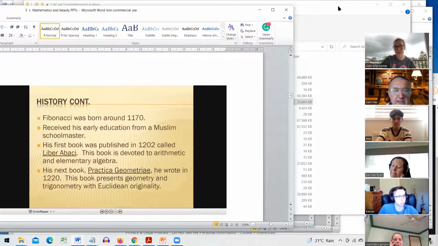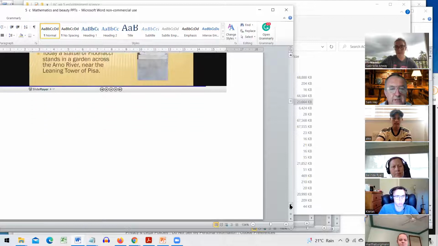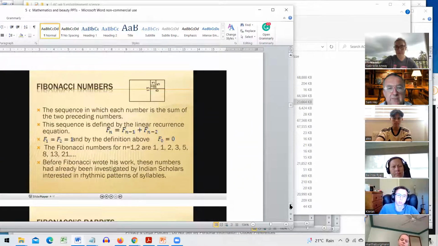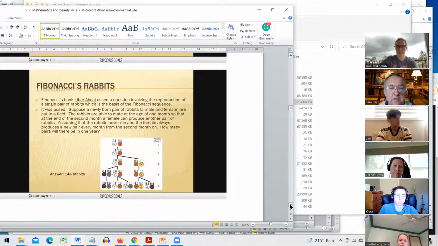His early education came from a Muslim schoolmaster, which again may have brought some of those Muslim ideas in. As well as that, he used Euclidean ideas. He was one of the first to introduce the Hindu-Arabic number system to Europe, and his influence continues through to today. Certainly the Fibonacci numbers, where you just add one to the previous one, help explain the spiral.